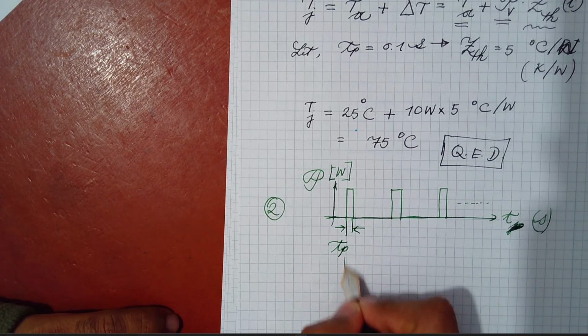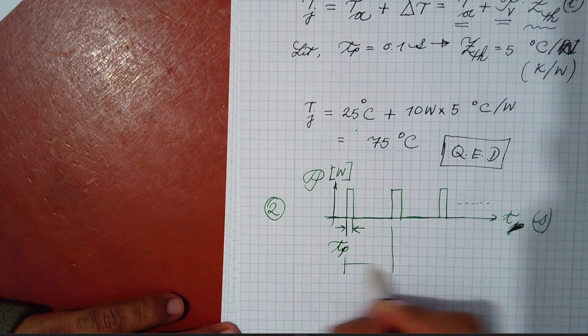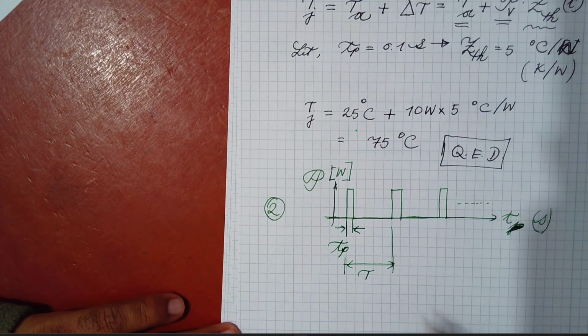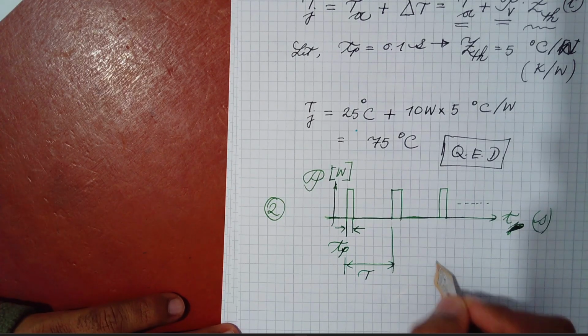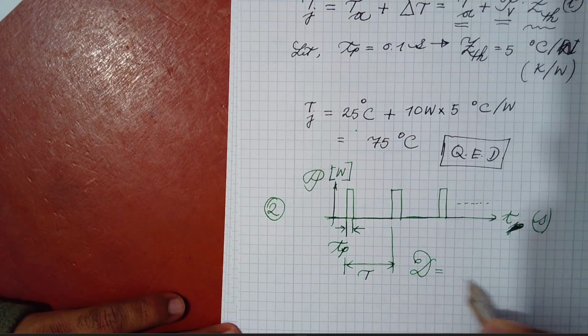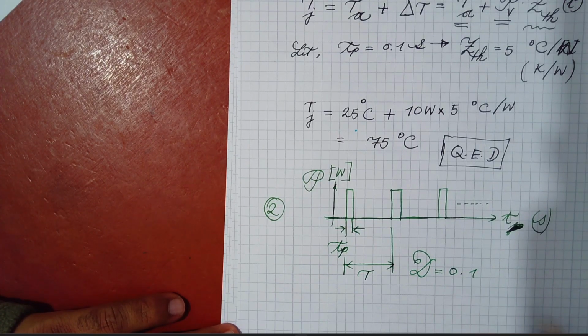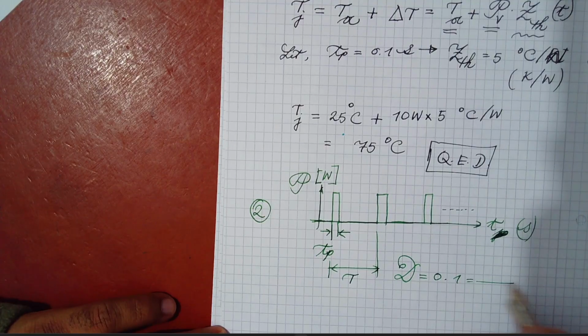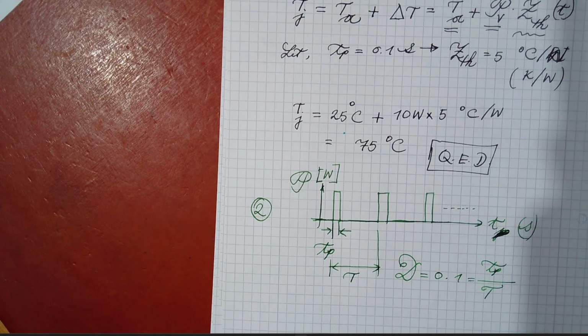And if you want to show the total period, it is capital T. So duty ratio, sorry, the 10% is 0.1. That would represent, for our case, TP divided by the time period. So this is written accordingly.